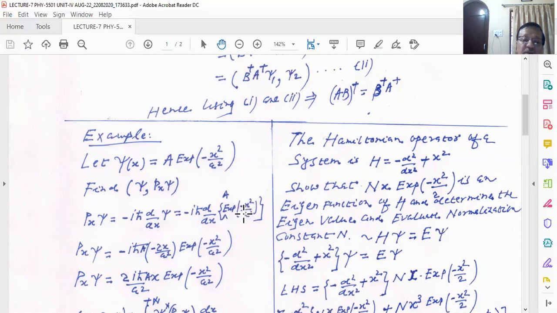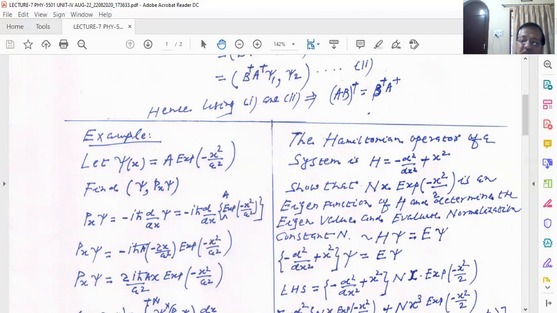Differentiation of x squared is 2x, with a minus sign, so minus 2x divided by a squared, times the exponential of minus x squared over a squared.